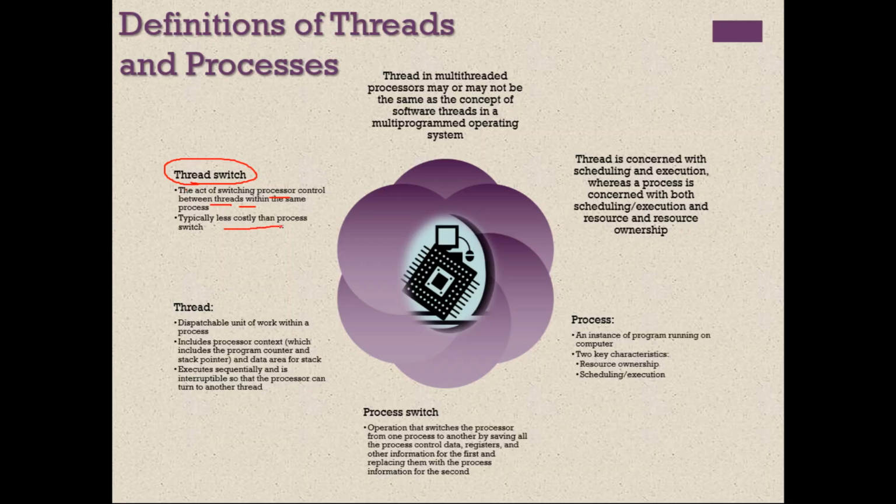It is a less costly operation when compared with a process switch. A process switch is the operation that switches the processor from one process to another. That is, the processor is switching the control from one process to another process. It is a costly operation, whereas a thread switch is not a costly operation. It's a less costly operation.